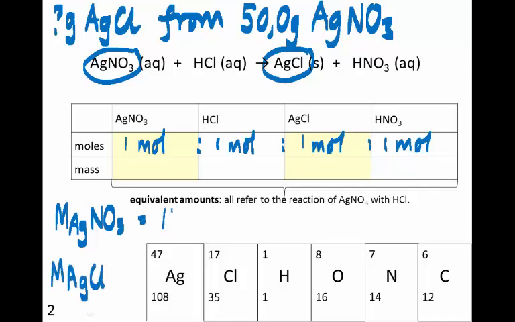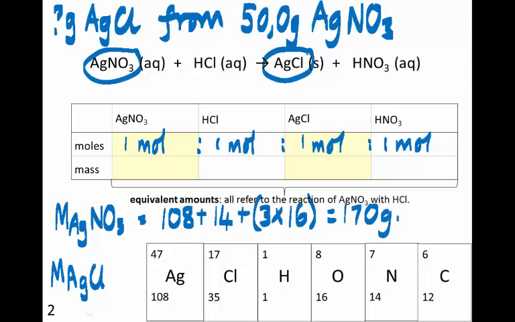Silver nitrate: 108 multiplied by 1 for silver, plus 14 for nitrogen, plus 3 times 16 for oxygen. 170 grams per mole. That's the molar mass of silver nitrate. 1 mole of silver nitrate would have a mass of 170 grams.